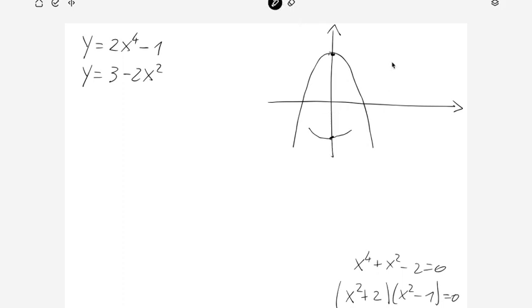If you have x squared plus a plus b x plus ab, this is equal to x plus a times x plus b.